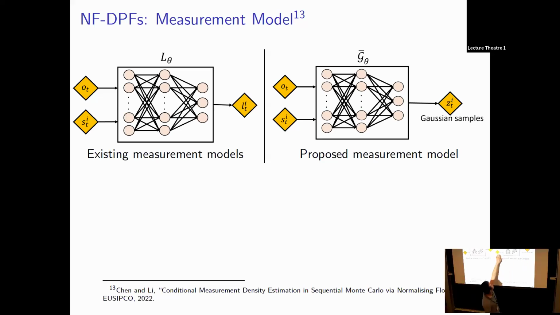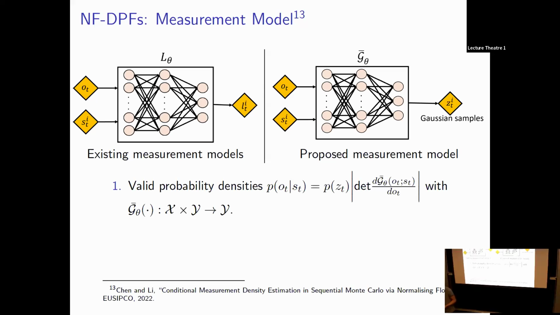Because when you pass any OT or ST through a neural network, get some output, and then you assume some prior distribution of this Gaussian, for example, just a standard normal, you can compute that density. And you can compute the original density P of OT given ST through change of variable, right? So that is how you can get a normalized conditional likelihood. So essentially, we get a valid probability density here, P of OT given ST.